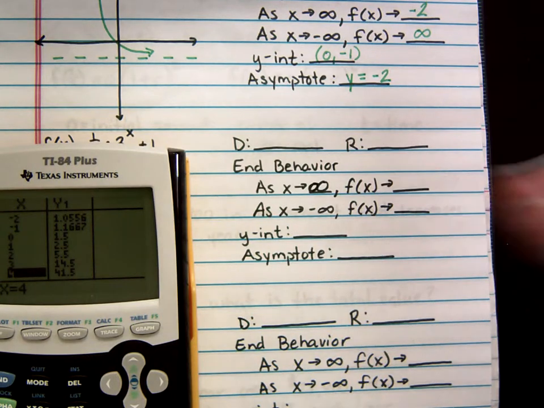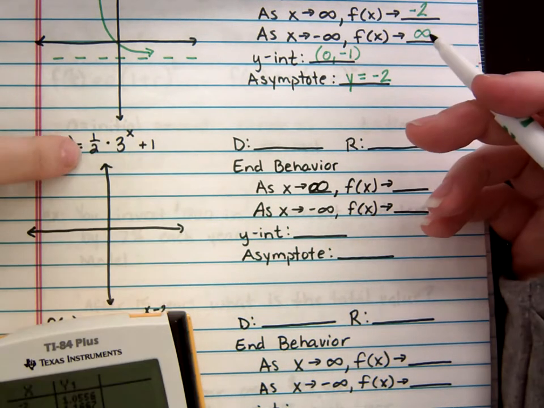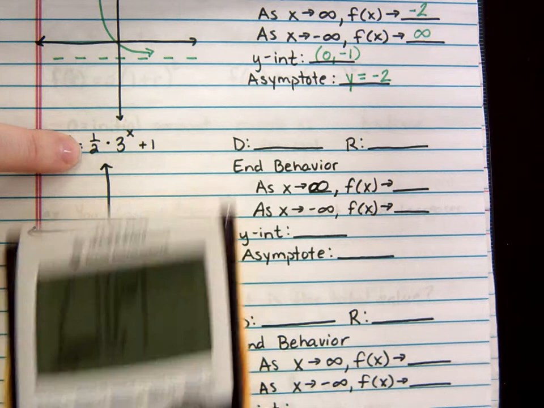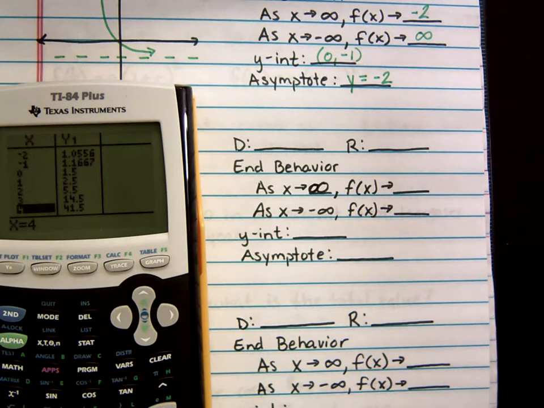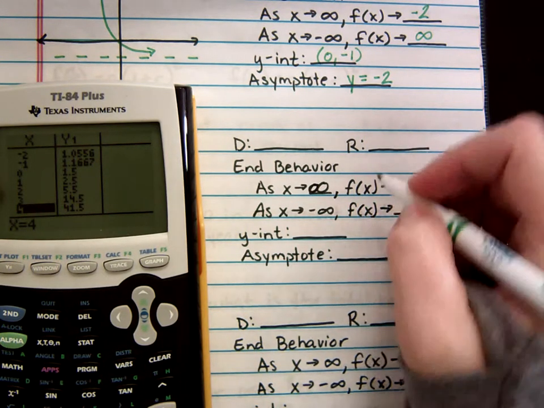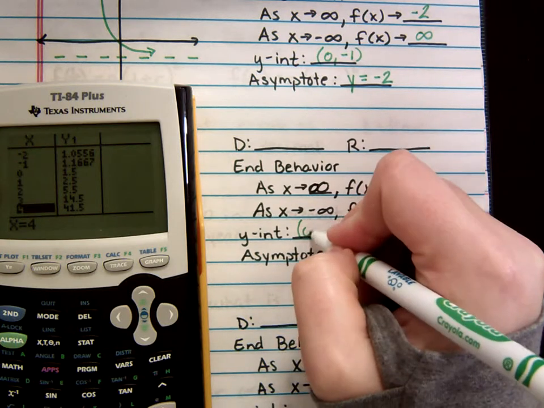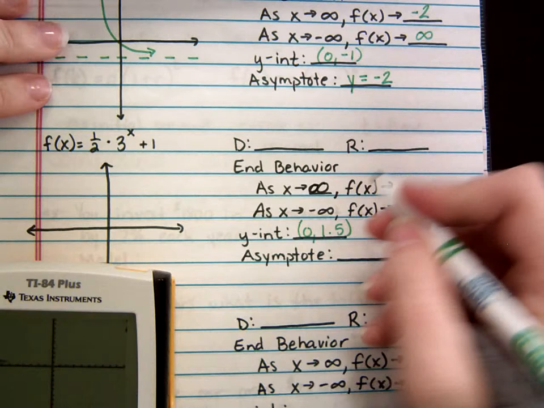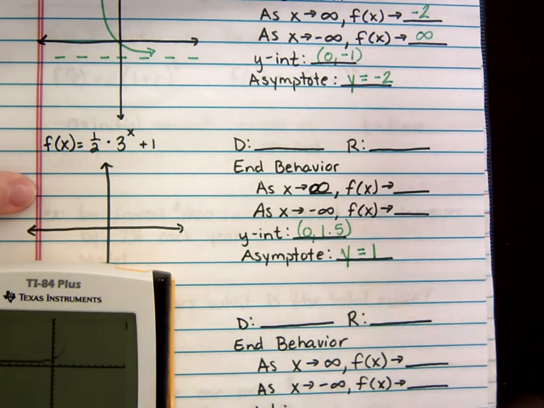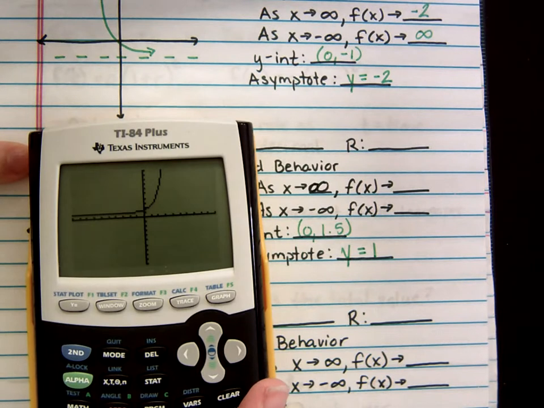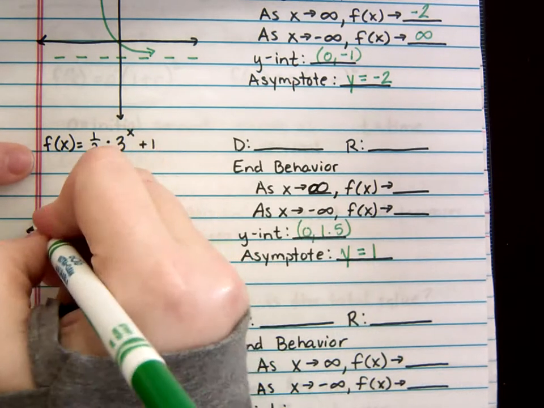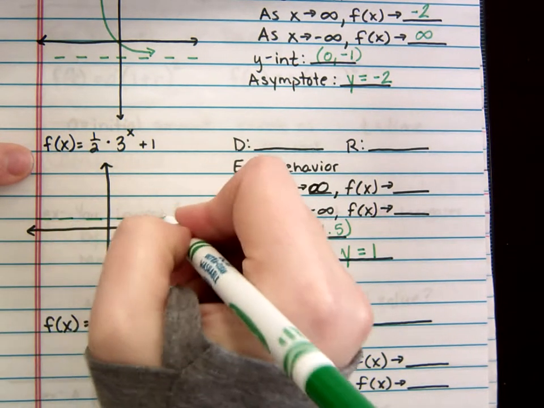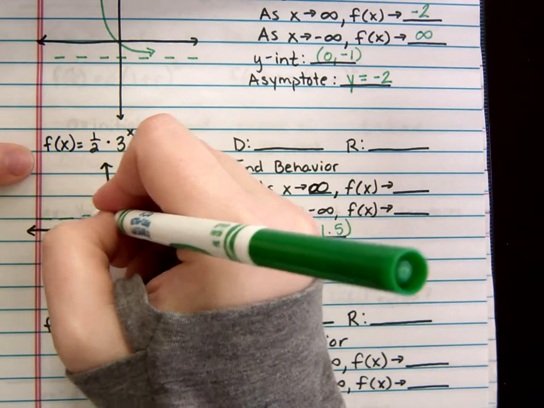It happens, especially if you have a fraction for a vertical shrink. So here my intercept is the point 0, 1.5, and my asymptote is the line y equals 1. And the graph looks like that. So I do my dotted line for the asymptote, and then my graph does something like that.